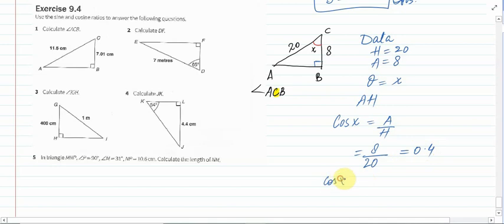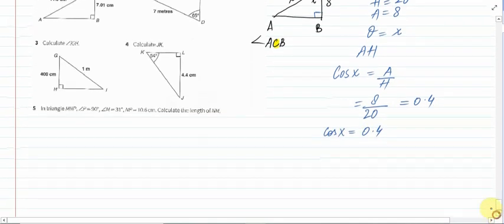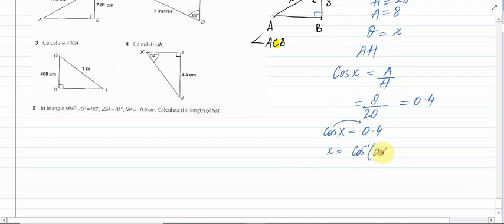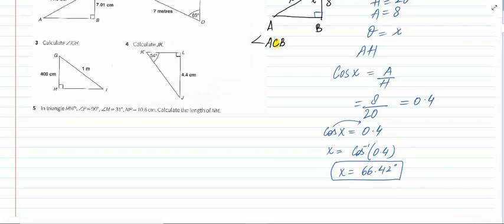If it says cos x equal to 0.4 and we need to find the value of x, that means we need to shift cos to the right side. So x is equal to cos inverse of 0.4. If you find the value of cos inverse, it's 66.42 degrees. That is your angle, right?